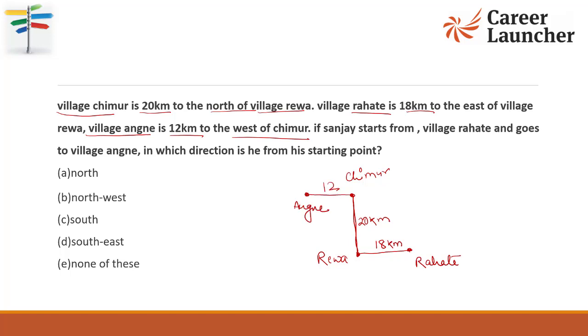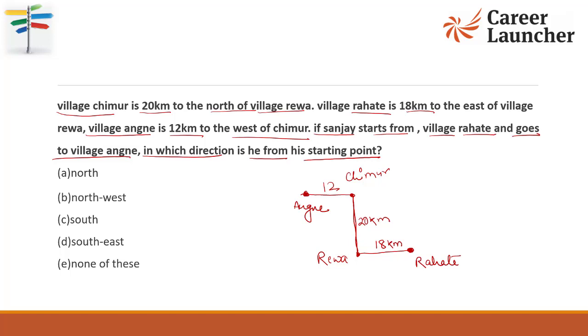So the question is, if Sanjay starts from village Rahate and goes to village Angne, in which direction is he from his starting point? Look at it from the reference of the starting point.